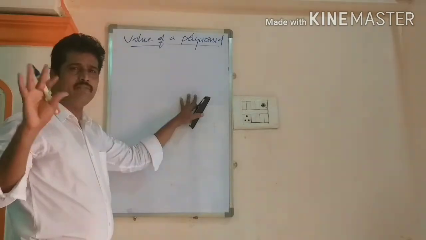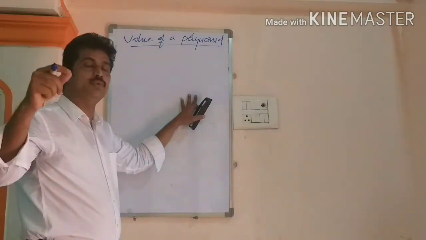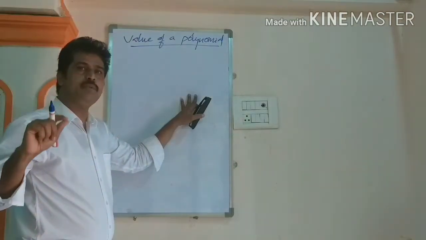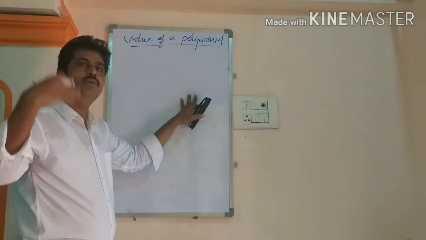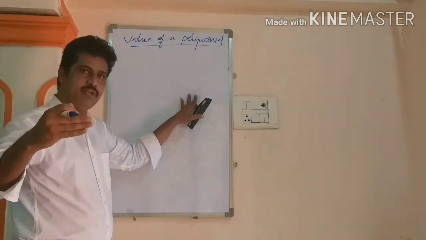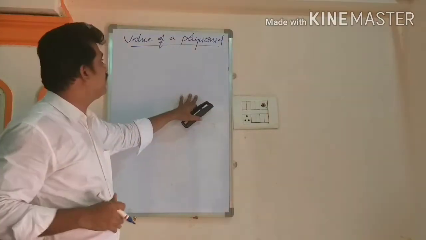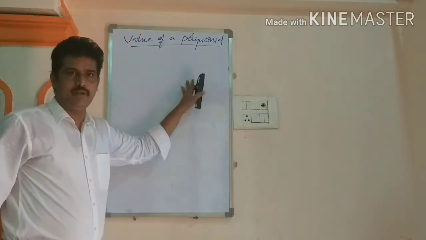Very easy and very simple. If you know how to replace a variable by any value, it is enough to understand the value of a polynomial.